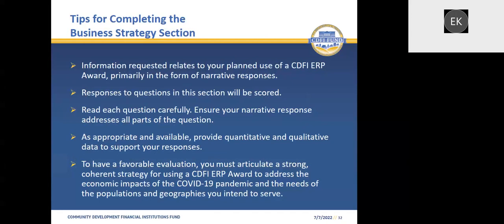As appropriate and available, provide quantitative and qualitative data to support your responses. To have a favorable evaluation, you must articulate a strong, coherent strategy for using a CDFI ERP award to address the economic impacts of the COVID-19 pandemic and the needs of the populations and geographies you intend to serve.